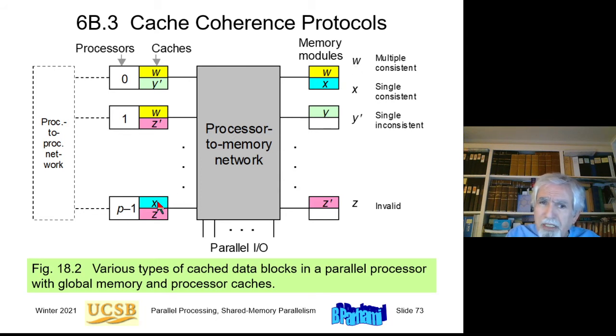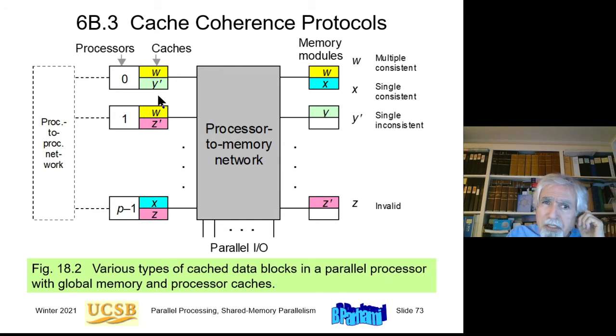Eventually, this processor will write this new, updated value there, and the main memory becomes updated, and therefore there's no problem. So as long as you have a single copy of a data item in cache, and only this processor accesses that copy, there's no problem in changing that. So read-write access is allowed.